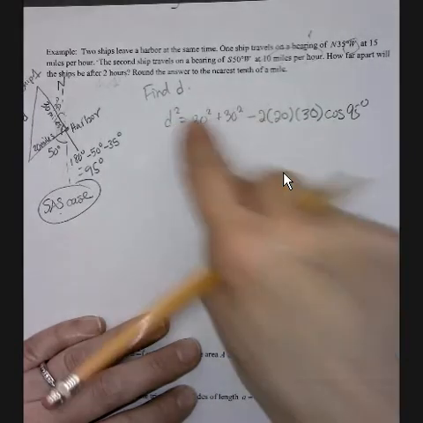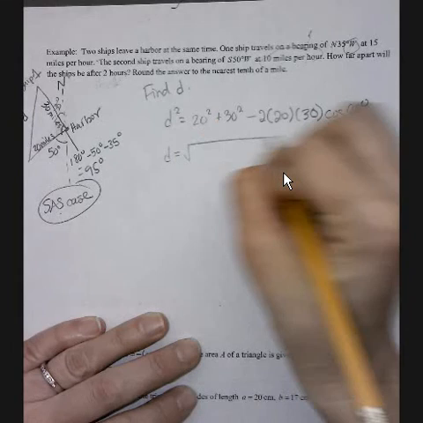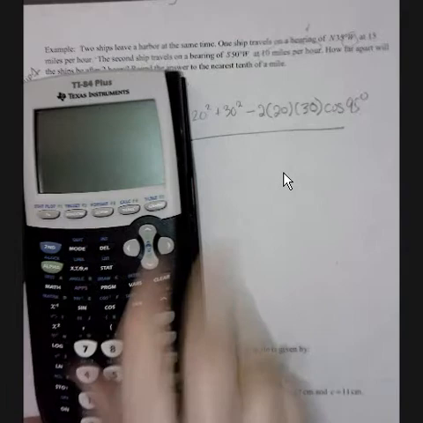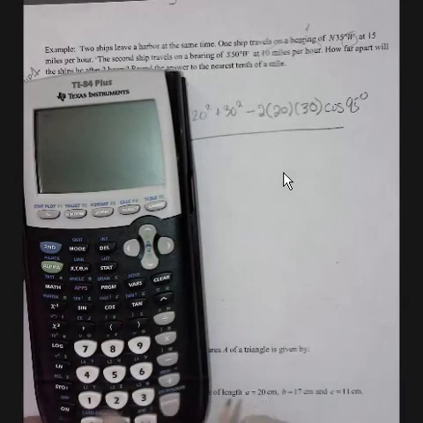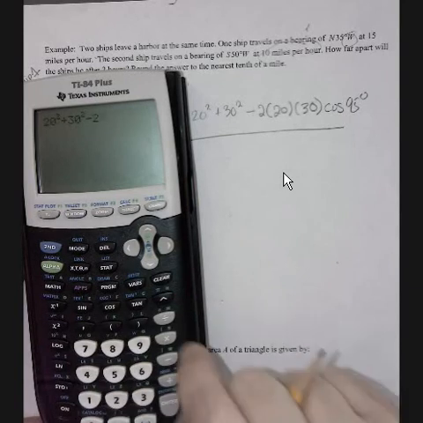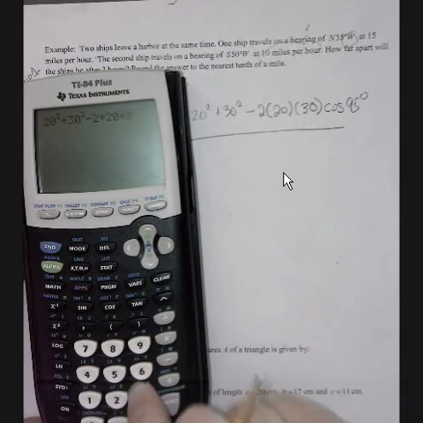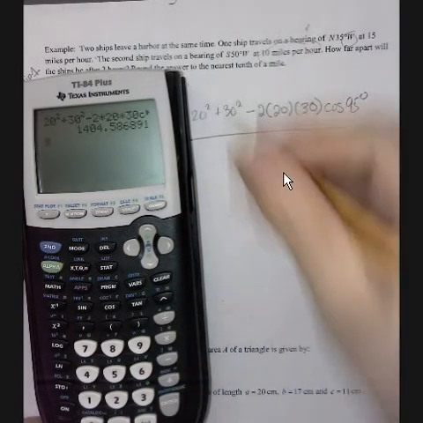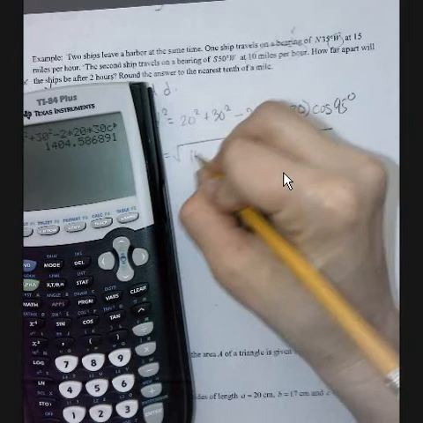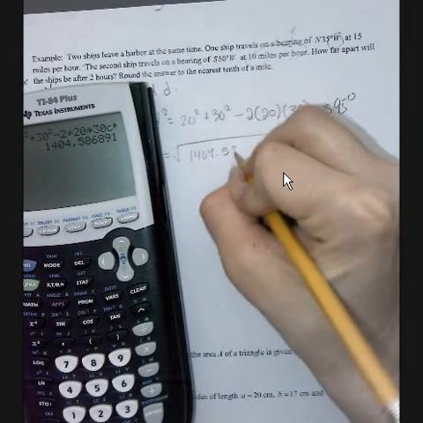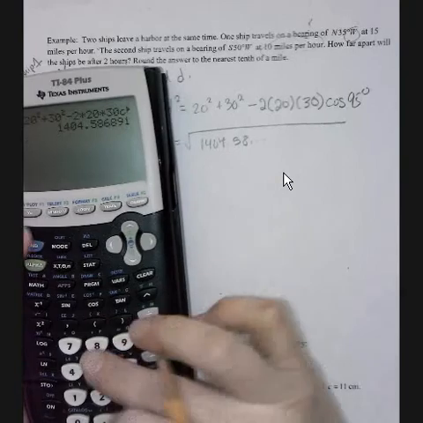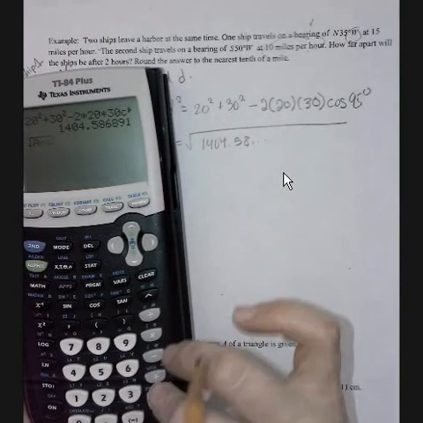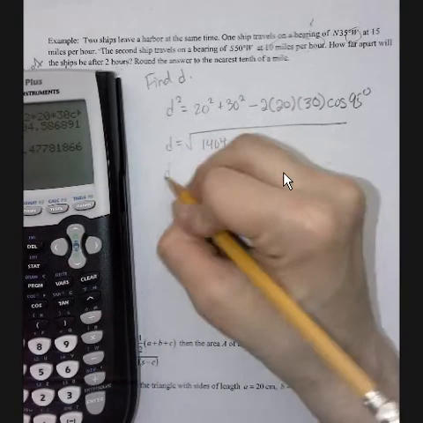I'm going to plug all this in the calculator. So 20 squared plus 30 squared minus 2 times 20 times 30 cosine 95. Okay, that's the number under the radical, of course. I'm not rounding that. Then take the square root of that. D is approximately 37 point, we'll just round to one place.